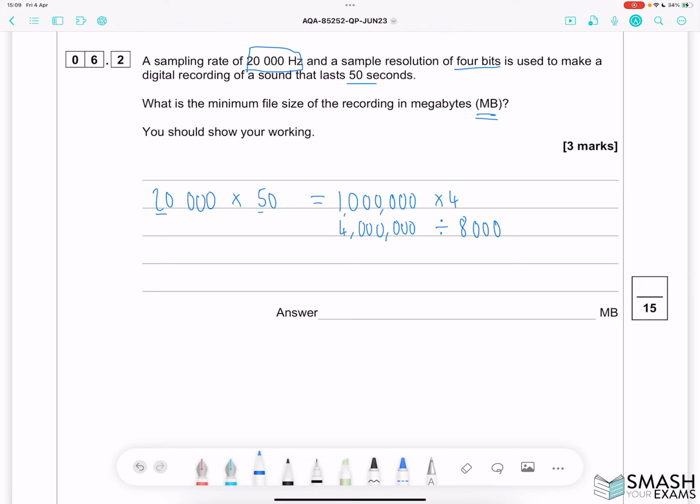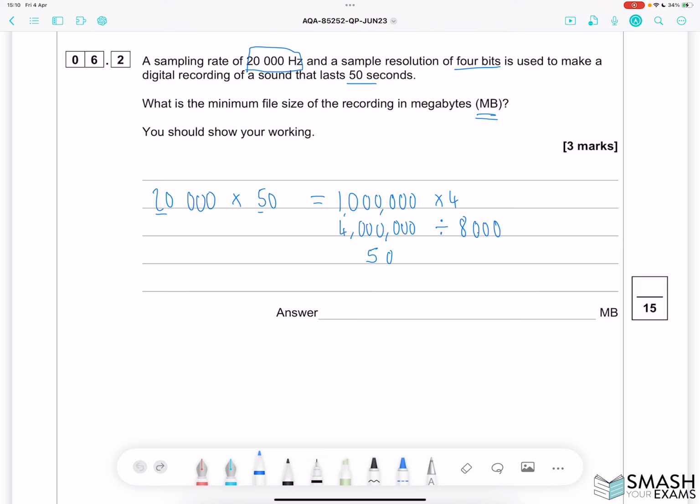So if I divide that by 8,000, that's really straightforward to do, actually. 4 divided by 8 gives us a half. So I can put 5 down, or 0.5. We'll move the decimal place anyway. And then I can remove the 3 zeros from both sides. So that leaves me with 5,000, like so. And then from there, I can do the same thing again, and I would divide it again. And if I do exactly that same thing, I would get the answer.